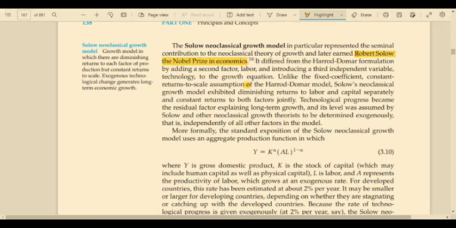Now this model, as you may have studied in growth and business cycles, differed from the Harrod-Domar formulation by adding a second factor, labor, and introducing a third independent variable, technology, that is denoted by A. Unlike the fixed coefficient constant returns to scale assumption of the Harrod-Domar model, Solow's neoclassical growth model exhibited diminishing returns to labor and capital, and we have constant returns to scale.